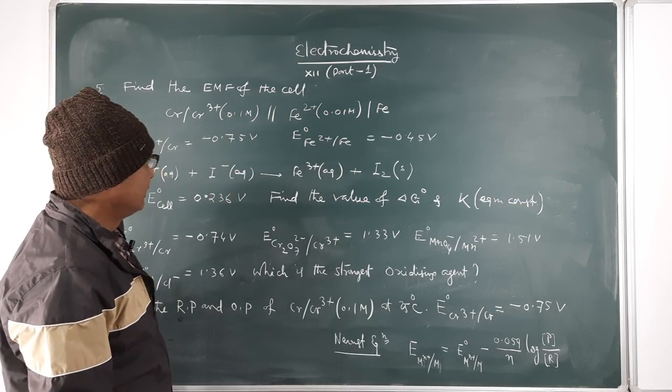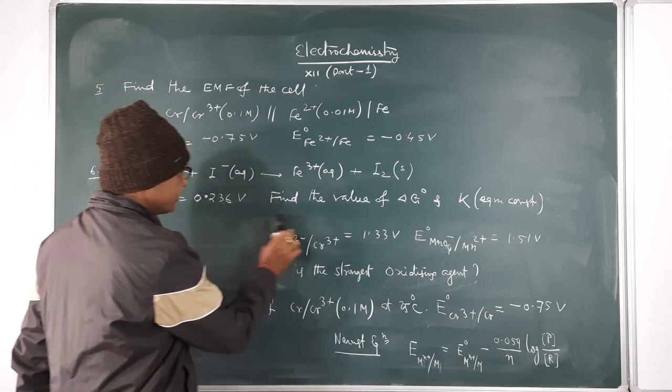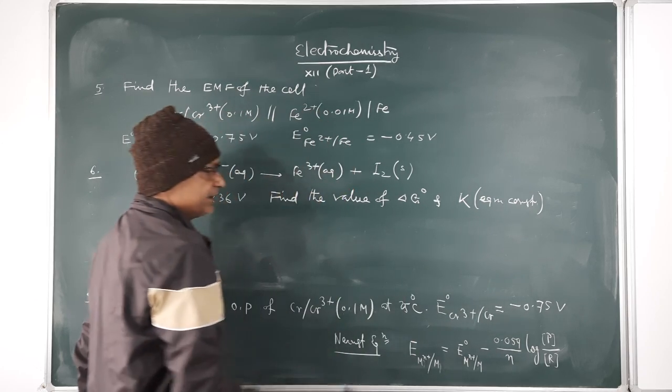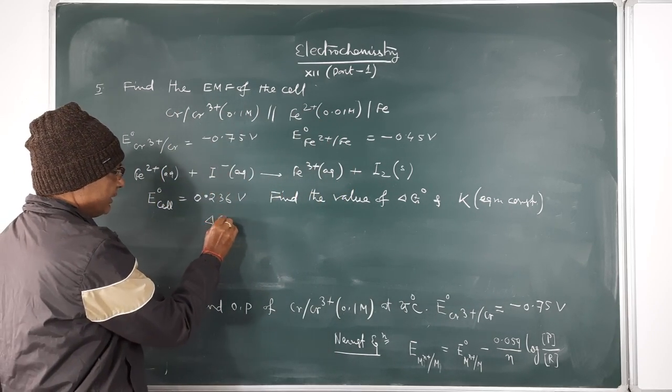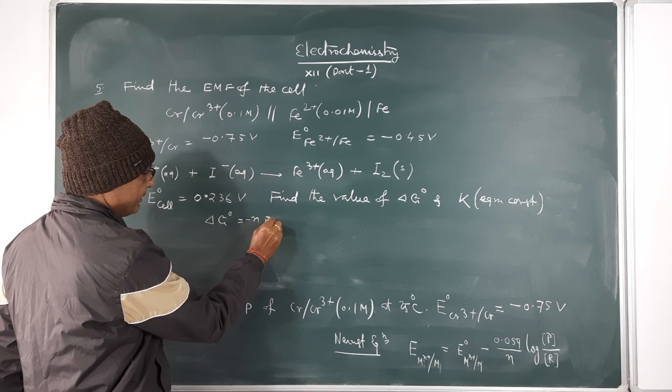This is question number 6. You know the relation between E naught cell and delta G naught: delta G naught equals minus nF E naught cell.